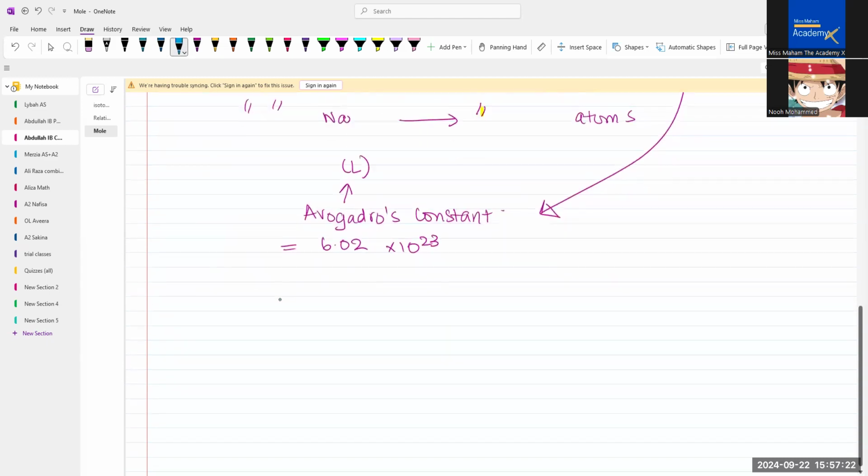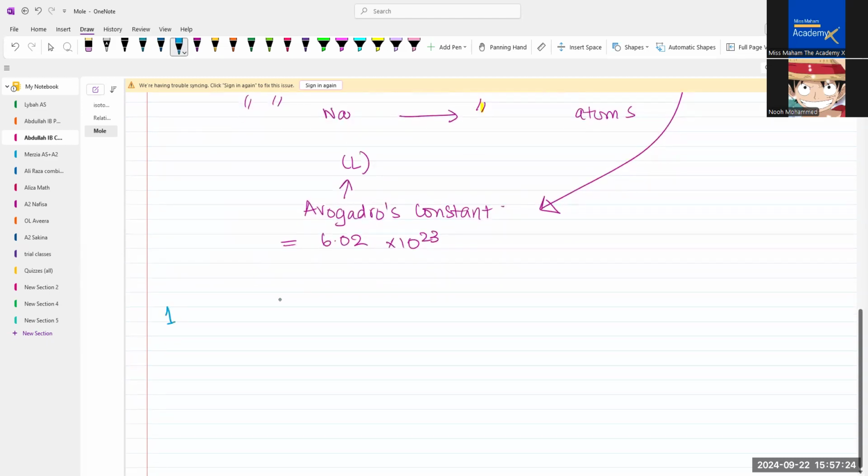Now, if I'm saying that 1 mole of sodium is 6.02 into 10 to the power 23 atoms, what will be the answer for this?